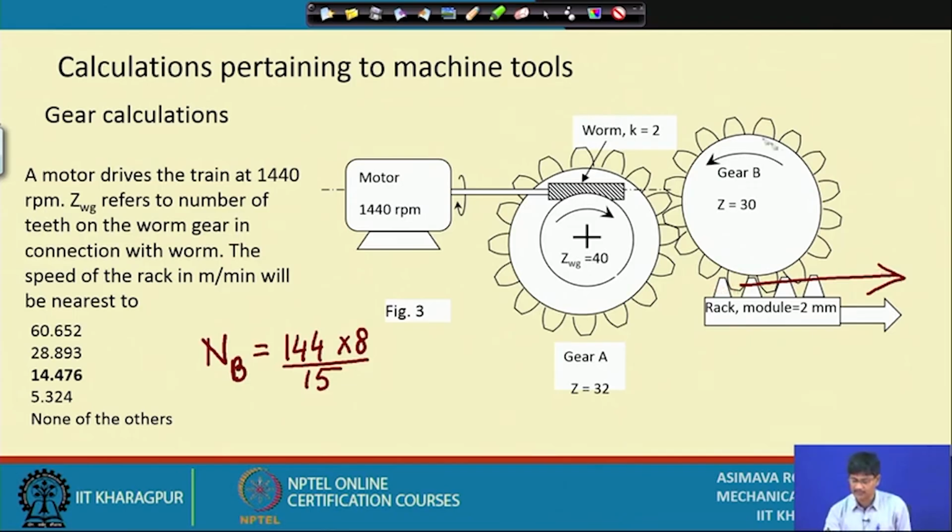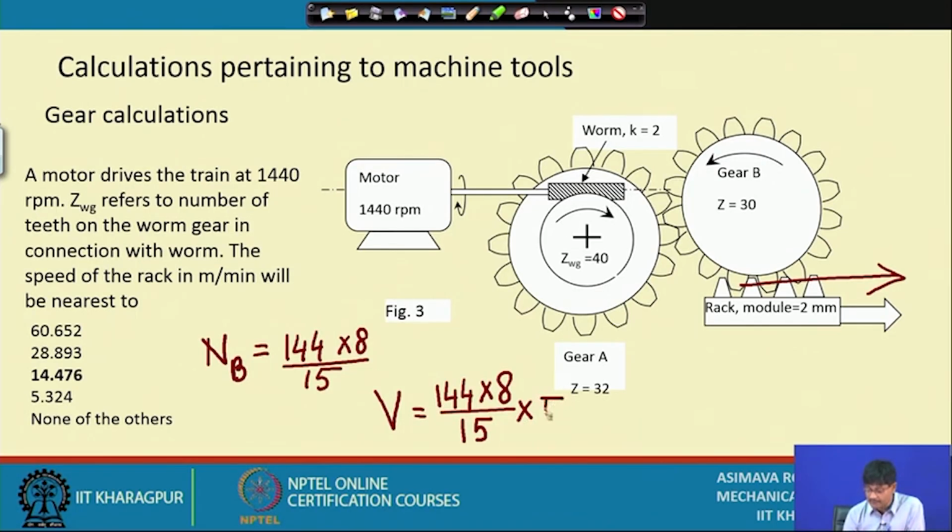So, in n number of rotations, it must be moving by n into the circumference. So, n is this. So, we have the velocity equal to 144 into 8 divided by 15 into the circumference.